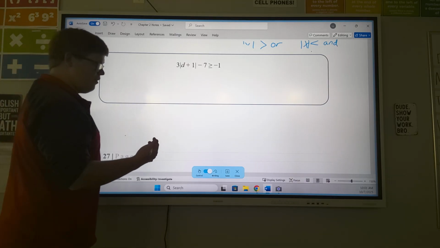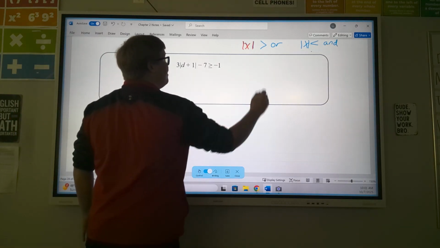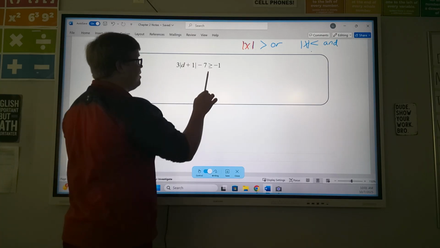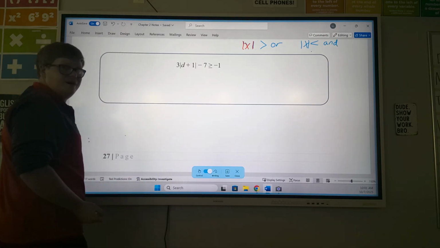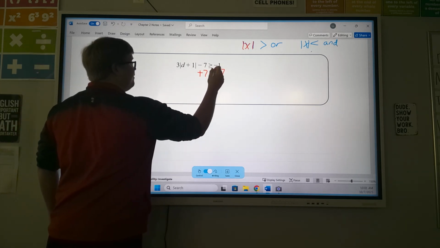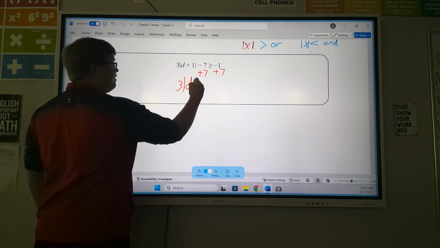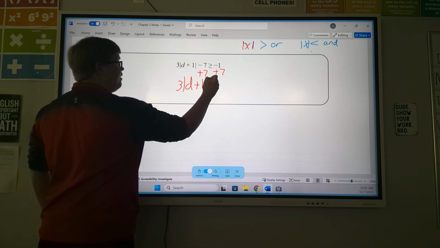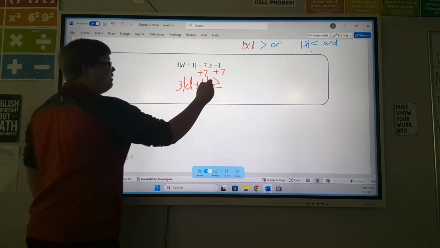Okay, so hopefully you've already solved this on your own. And we've identified first that this is an OR compound inequality. We have to get this absolute value by itself. That means we need to add 7 to both sides. So now we have 3 times the absolute value of D plus 1 is greater than or equal to negative 1 plus 7, which is 6.